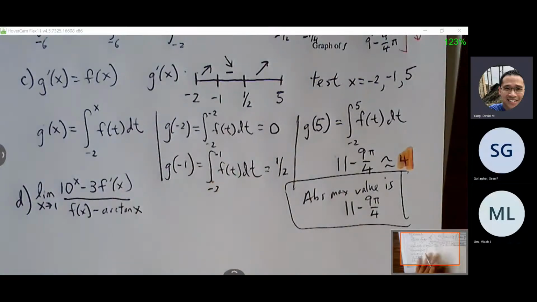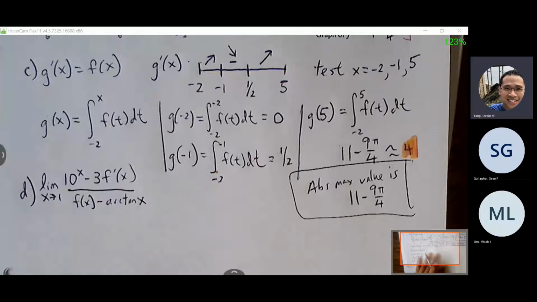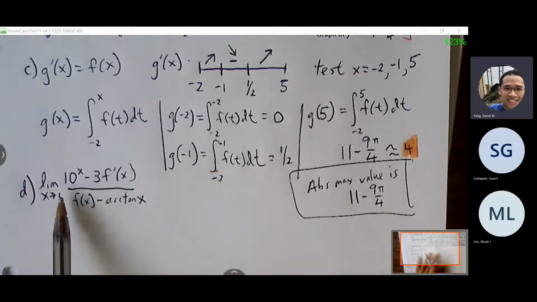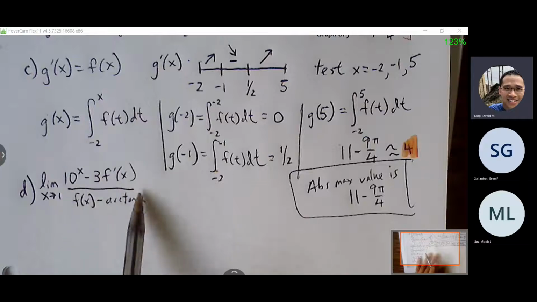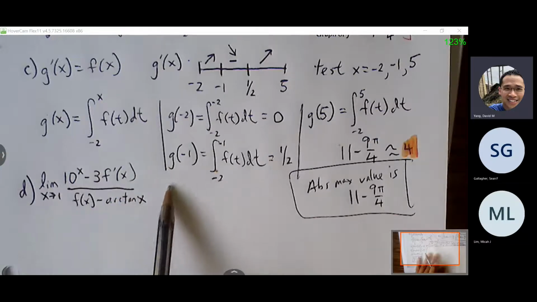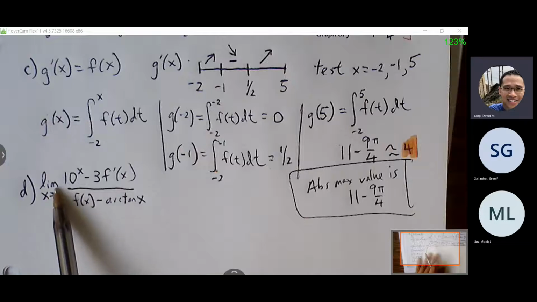Okay, part D is asking us to find the limit. Now, when I saw this, my instinct was just to say, okay, this is probably L'Hopital's rule, which it could be, but we never want to assume L'Hopital's rule before we actually evaluate, right? L'Hopital's rule requires something in particular. It requires a 0 over 0. Even if it is L'Hopital's rule, you have to at least substitute and evaluate the limit at that point.